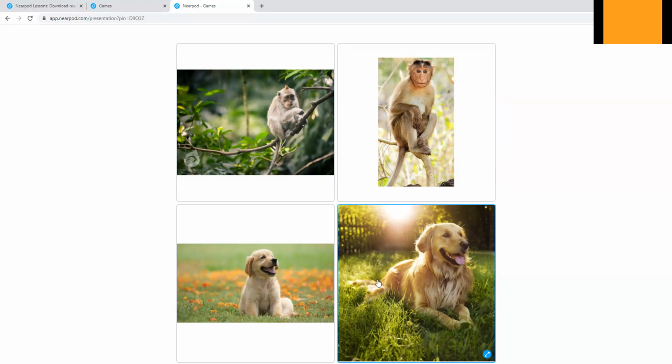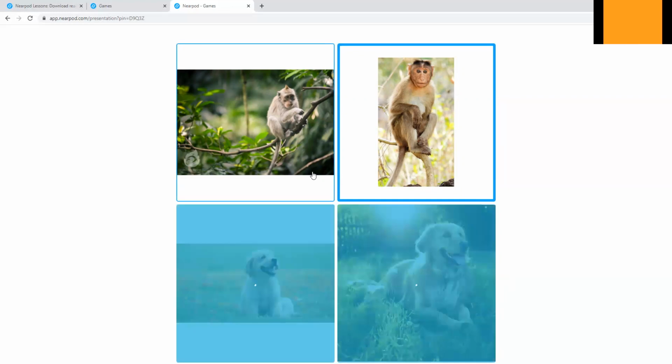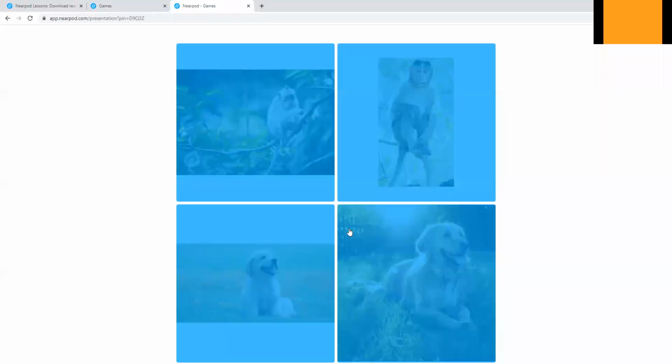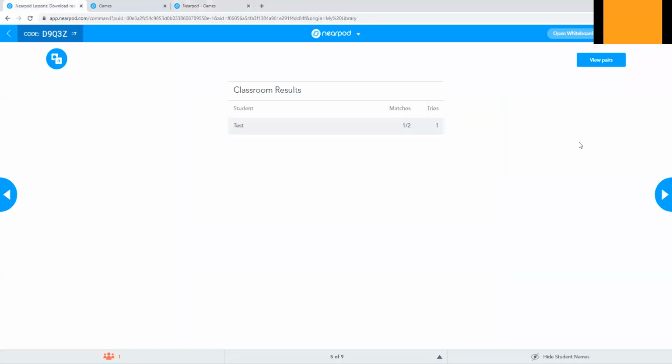One of them is a puppy that is maybe a few months old, and this one is an adult dog. I want the students to know that while these puppies and dogs have different ages, ultimately they are still the same species. That is what students need to learn. Now, next one.